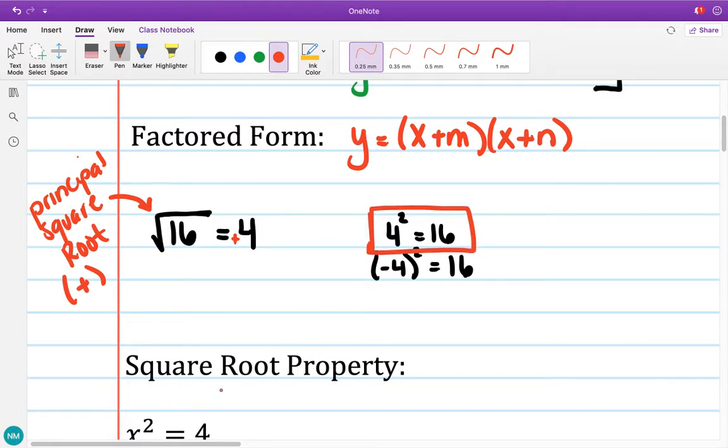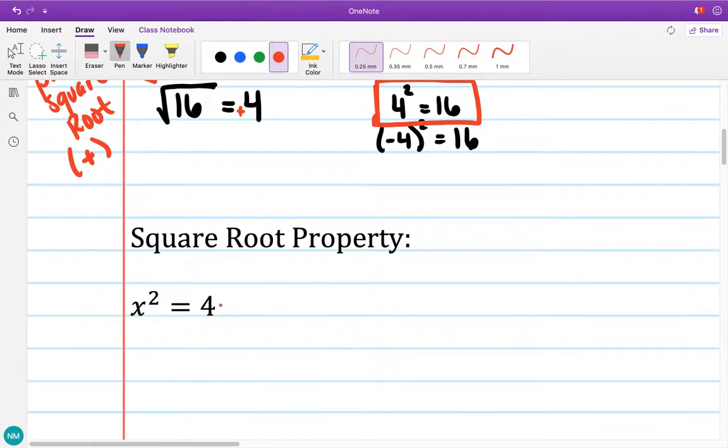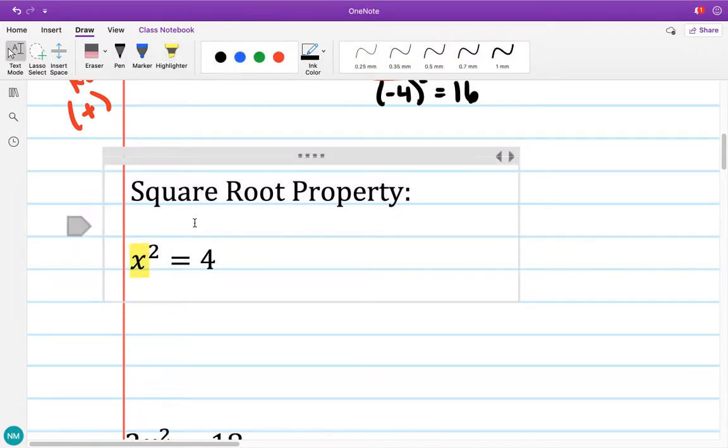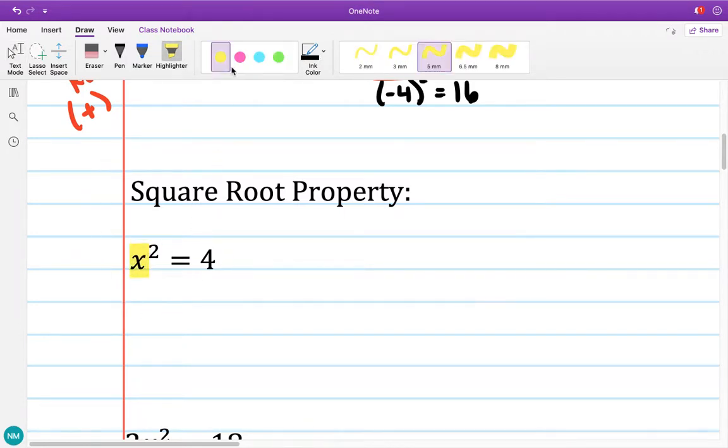However, when we're solving, it's going to be a different situation. So let's talk about what the square root property is. If I'm solving for x here, x squared equals 4. This is saying something squared is equal to 4. So the question is, what number, when I square it, do I get 4?